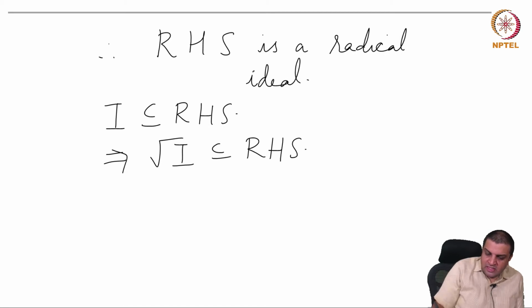So to prove the other direction, we have established this, so let's just kill the radical of I in R, and then we want to prove that the right-hand side is 0.